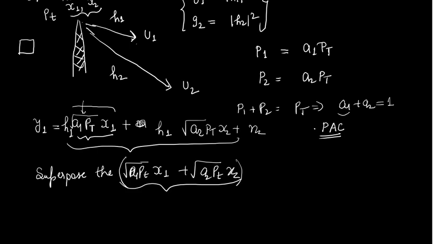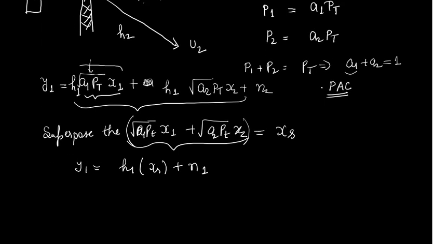This whole signal will go through this channel H1. We call it XS, the superposed signal. So H1 times XS plus N1. So Y1 will receive this, and Y2 will receive H2 times the superposed signal plus N2. That is what I have written here.